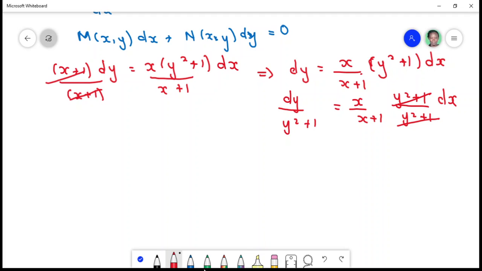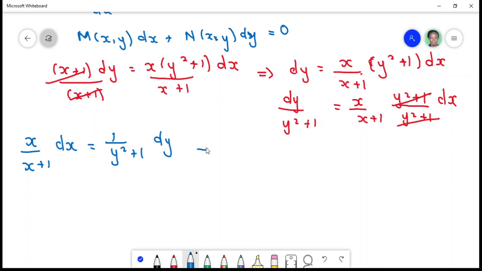So finally, in separating the variables, we arrive at x over (x plus 1) dx equal to the y part, which is 1 over (y squared plus 1) dy.